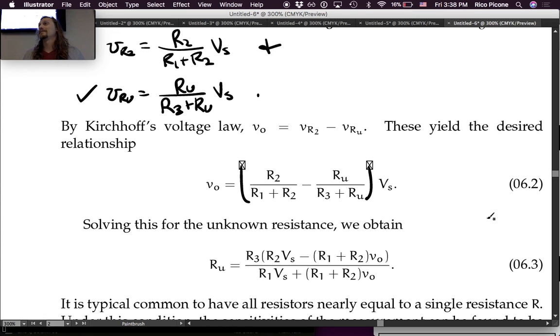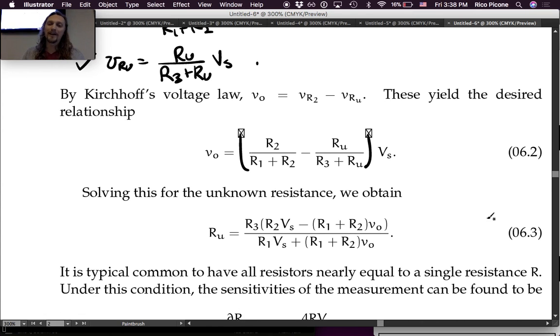So if we solve for RU, we have what we want, which is this equation. What you see is surprisingly rare, written down for whatever reason that is. I'll try to explain why. 6.3, though, is actually a very useful equation, and if I was going to put a box around one of these equations, this would be the one.